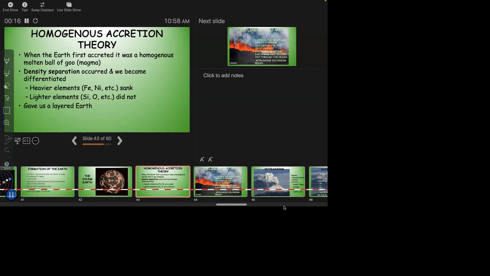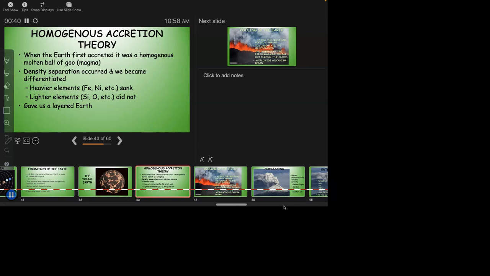That's some of the heaviest stuff we got in there, and it sank down. Again, over time. This all takes time. So we were a big pile of goo all mixed up. It sat here. It started to cool off. As it's cooling off, stuff is settling. We grew our layers. Okay.